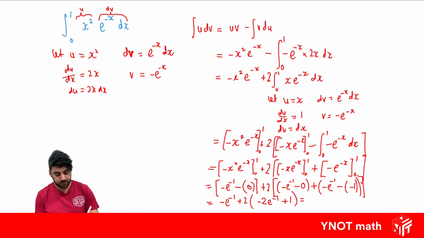Let's tidy this up. So we've got 2 times minus 2e to the minus 1 is minus 4e to the minus 1. Then minus e to the minus 1 minus 4e to the minus 1 is minus 5e to the minus 1. And we've got 2 times 1, which is 2 for our final answer.